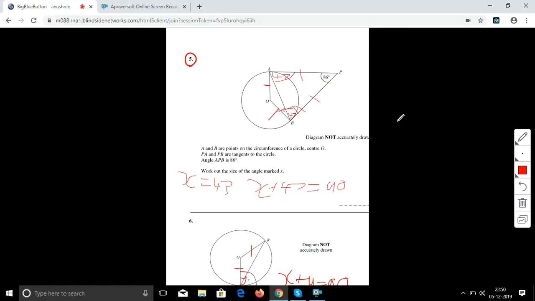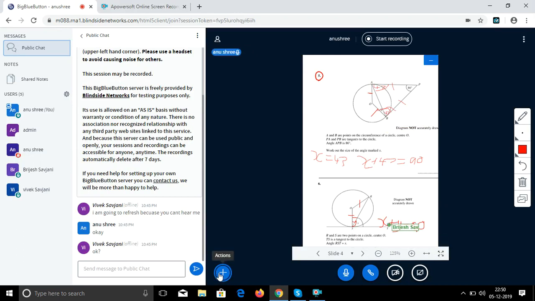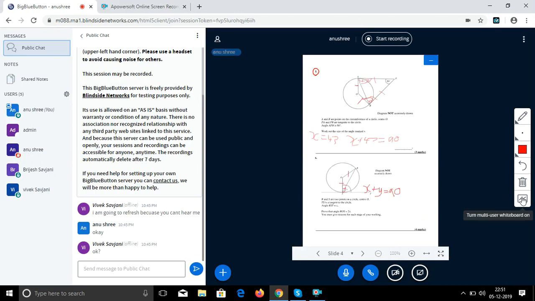So you need to prove that ROS is 2x. Yes, so angle ROS that you have calculated, right?